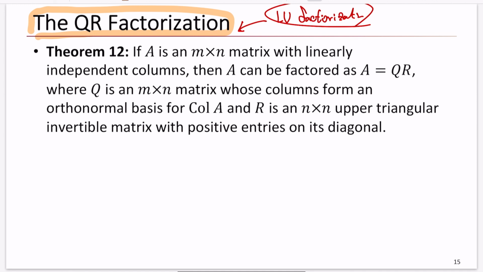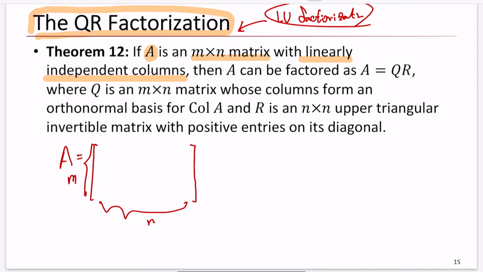Right, so first of all, let's talk about the high-level definition. I mean, just the definition of the QR factorization. Let matrix A be an m by n matrix with linearly independent columns. Let me draw it here: matrix A consisting of m rows and n columns, like this.